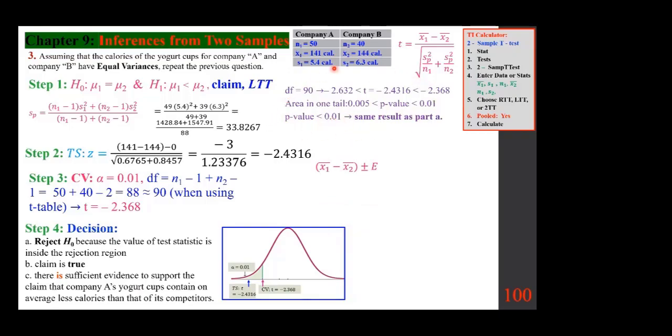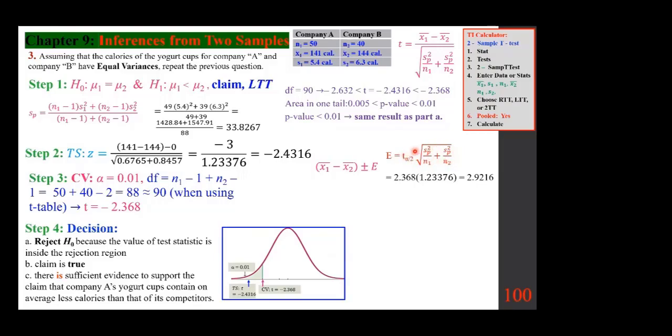Nobody expects you to do this by hand because the table is extremely limited. What I want to explain here is, if you kept up with this calculation, take a look. The numerator is x1 bar minus x2 bar. What about the denominator? Remember what E is. E is t alpha over 2 times the square root of Sp squared over n1 plus Sp squared over n sub 2.